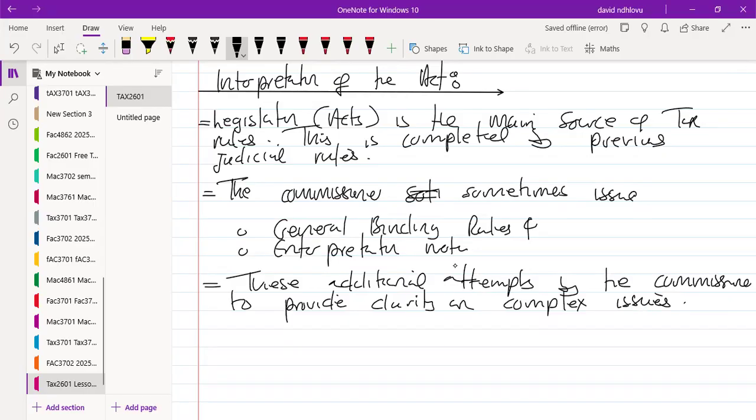Remember, we've got the Act, which is written in a language that may be very difficult for the general person to interpret at times. The commissioner may have identified over time possible areas where disputes are numerous, and would have tried to preempt that and reduce misinterpretations by issuing general binding rules and interpretation notes. So we have general binding rules.